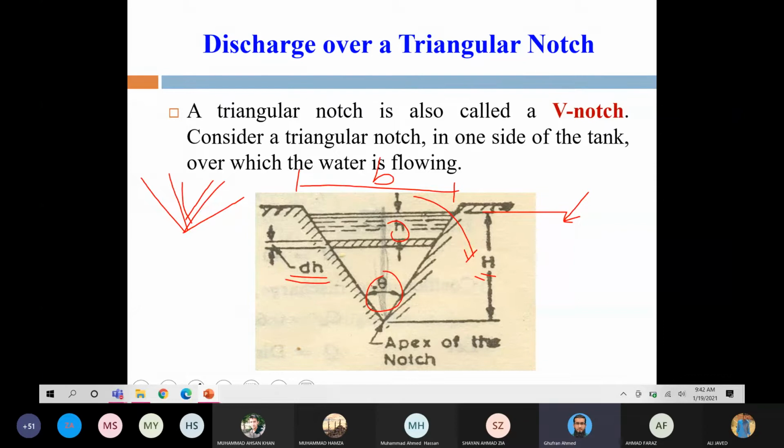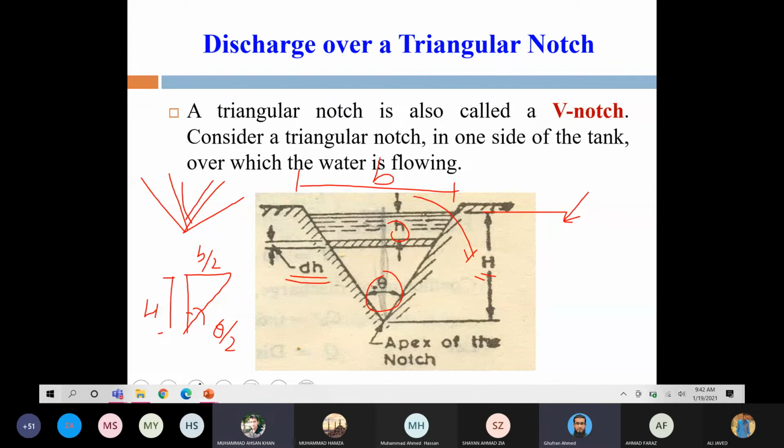If we know the value of theta, as theta will remain the same for any particular notch, just divide it into a right angle triangle. This becomes B by 2, this becomes H, and this becomes theta by 2. Can you find the value of B from this triangle? Yes, sir.